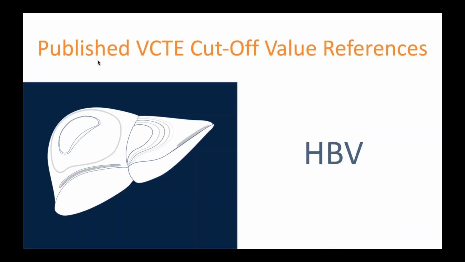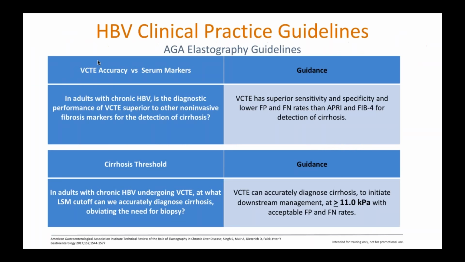A little bit about hepatitis B. This is the information from the AGA elastography guidelines. Their guidance statement here is once again, as in Hep C, that VCTE has superior accuracy to APRI and FIB4, and then they provide a cutoff for VCTE.